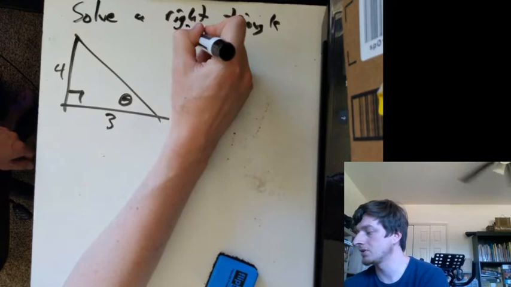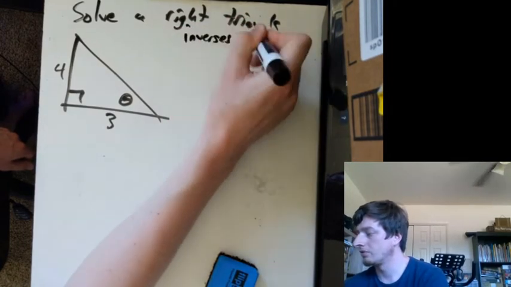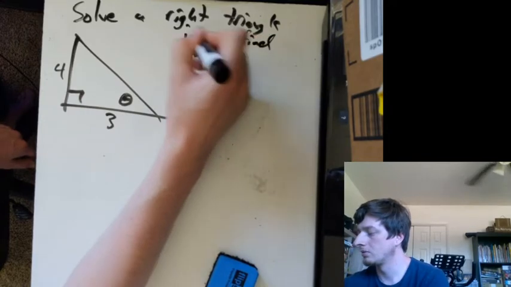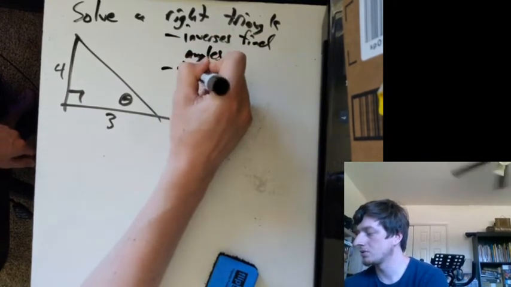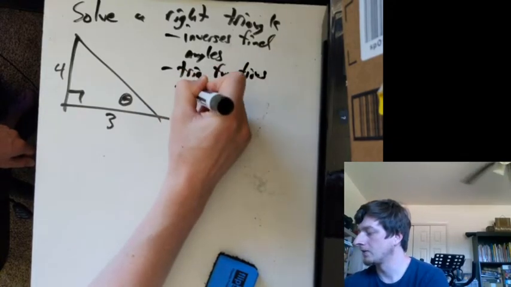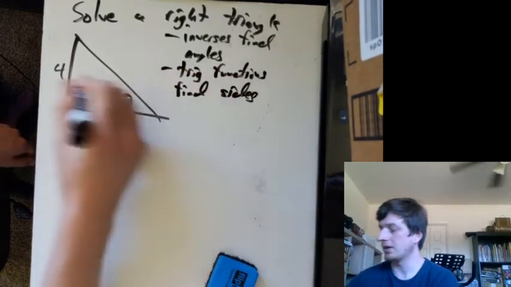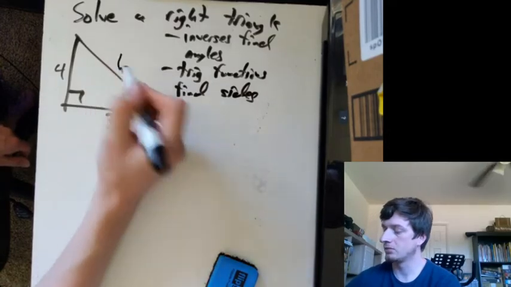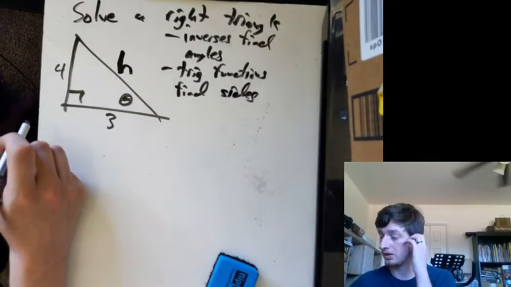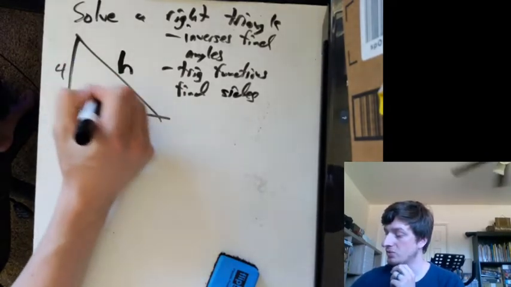So inverses find angles. Trig functions find sides. So we have two sides here. We want to find this third side, which we could use the Pythagorean theorem. We're going to use trig functions to do that. And then we have these two angles we want to find.